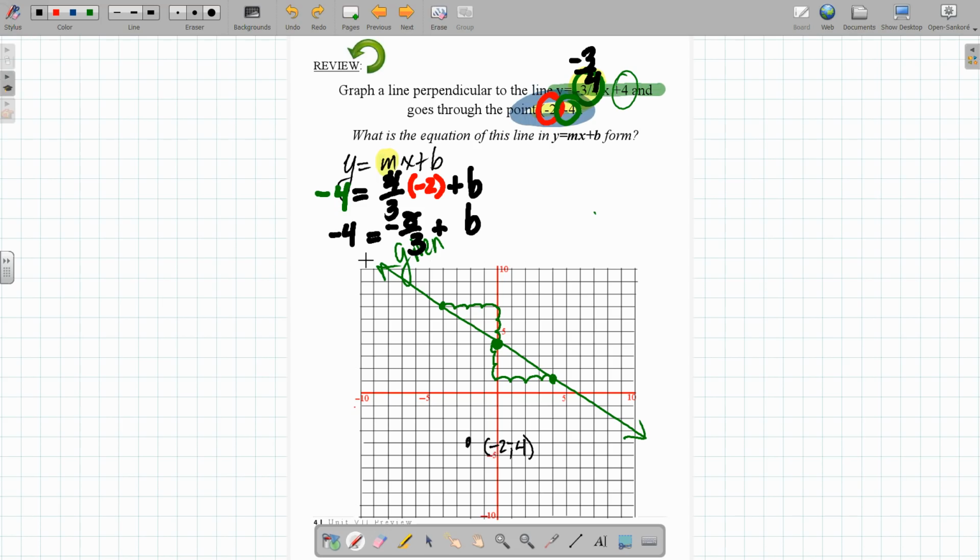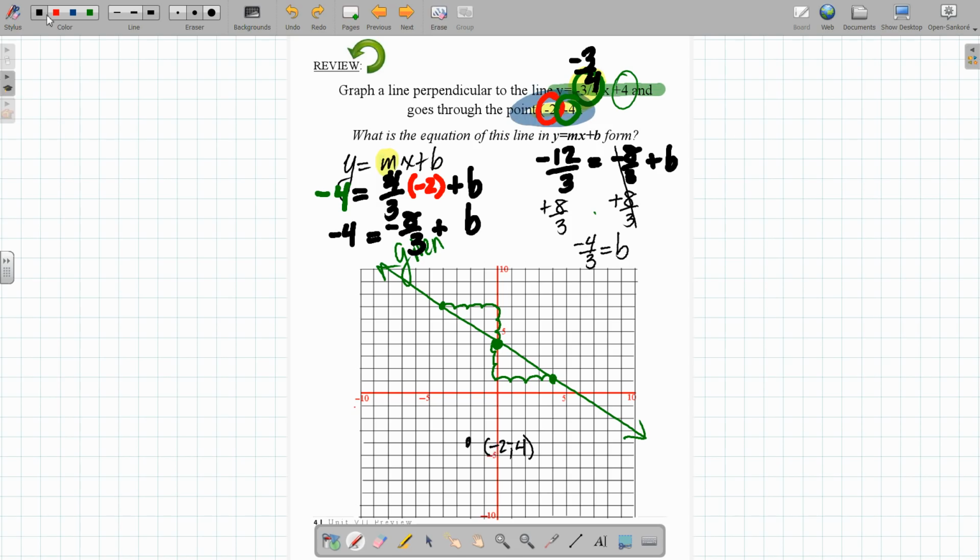We're going to add 8/3 to both sides, and we're going to change this into negative 12/3. And this is negative 8/3 plus b. So we add 8/3. Negative 12 plus 8, negative 4/3 equals b.